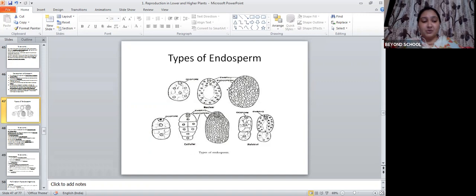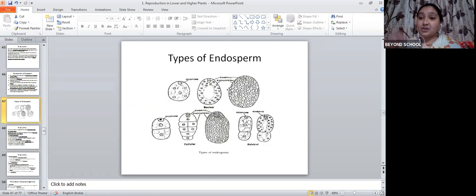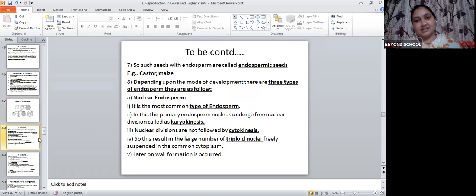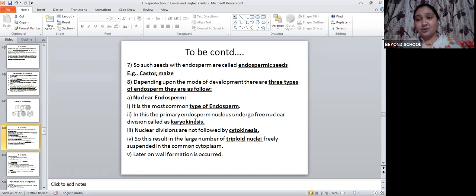The first endosperm type we have studied is nuclear endosperm. In this, the nuclear division has been carried out, the karyokinesis process has been carried out. Cytokinesis is not followed. And after that, as we saw, there is a formation of triploid nuclei. The reason behind that is the primary endosperm, the first nucleus formed in the endosperm, has undergone free nuclear division.